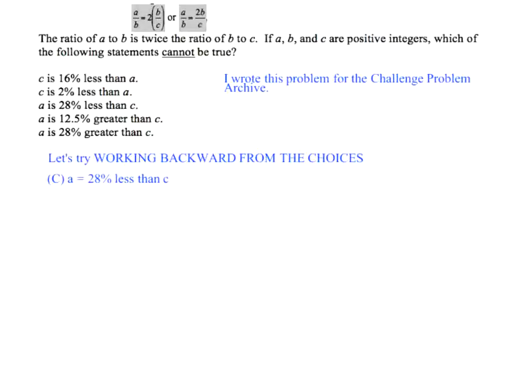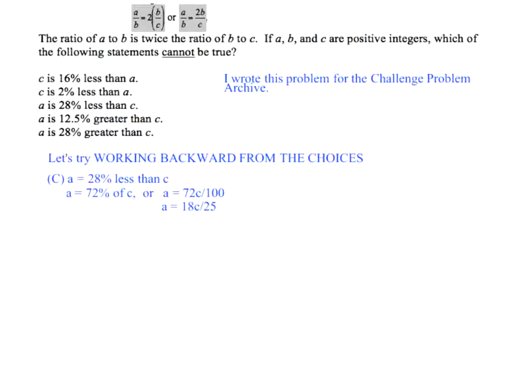Or what percent of C is A? If it's 28% less than all of it, then it's 72% of C. So A is 72C over 100, which you can reduce by taking a 4 out. So that's 18C over 25.